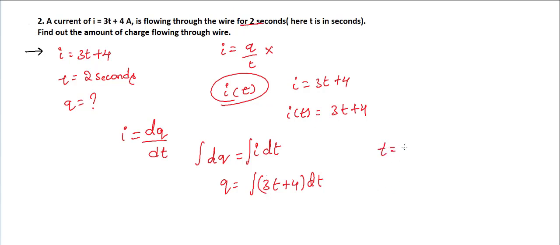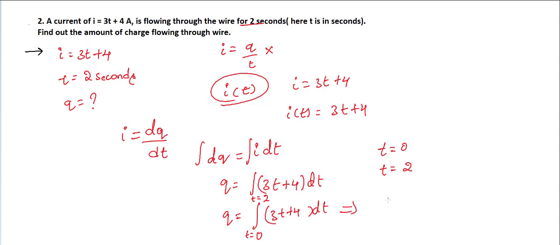Initially the condition was t is equal to 0. At t is equal to 0, there was some current. So for t is equal to 2, what was the current? So we have to calculate the total area. So q is equal to integral from t is equal to 0 to t is equal to 2 of 3t plus 4 times dt.